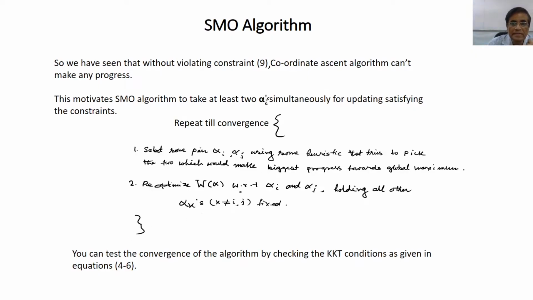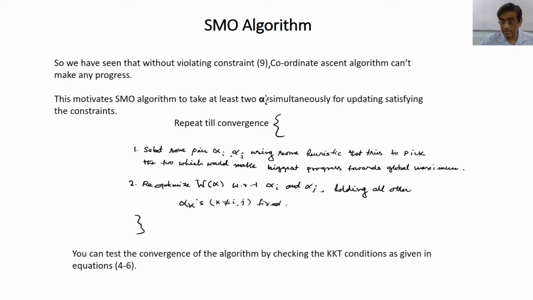What it does is, instead of taking only one alpha and trying to change its value towards optimization of W, in the SMO algorithm we take any two alpha values whimsically.